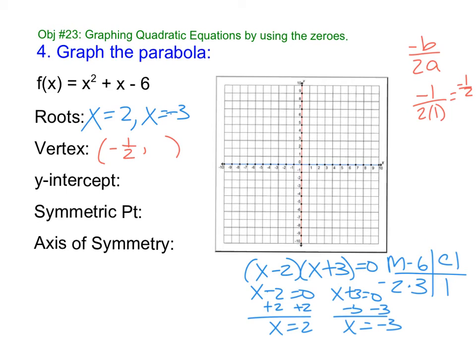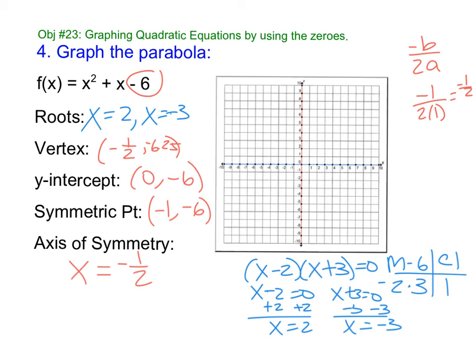I got -6.25, so -6 1/4. My y-intercept, again, my c value, is 0, -6. Symmetric point, we're going to double the vertex. If you double -1/2, you get -1, and then the y value is the same. The axis of symmetry is x equals, again, that x value of the vertex, which pops up a lot.